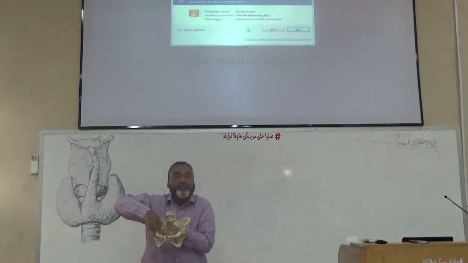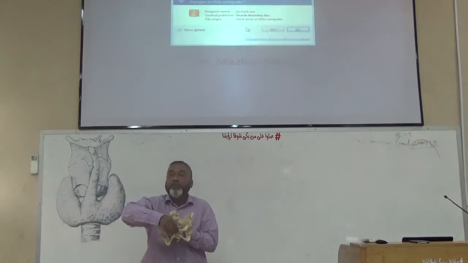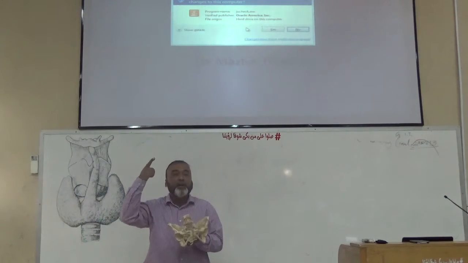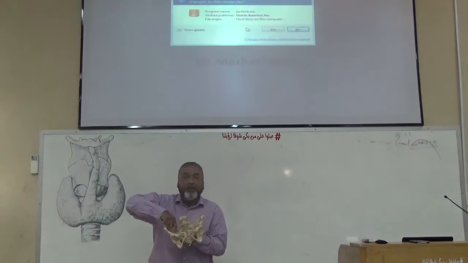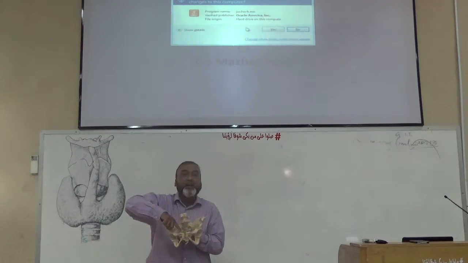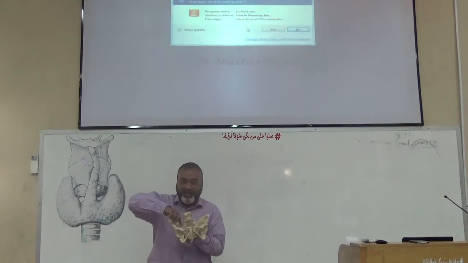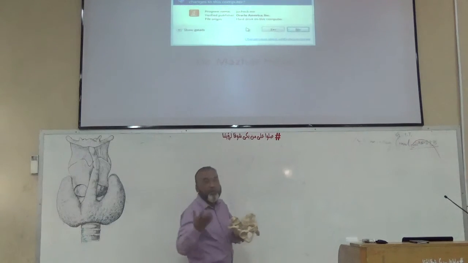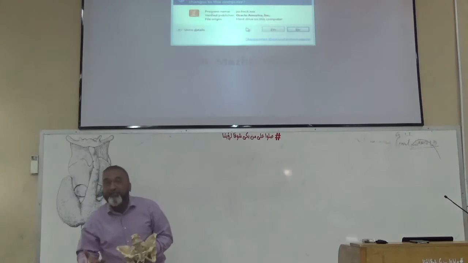Centrally in the anterior part we have the pubic bones. So the sacral promontory, the iliopectineal line, and the upper border of the pubic bone and the pubic symphysis form this ridge which is named the pelvic brim.